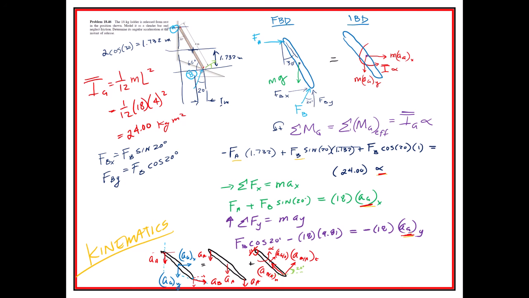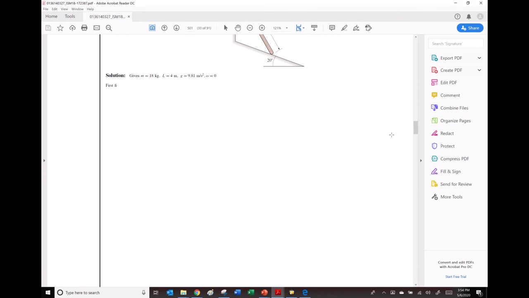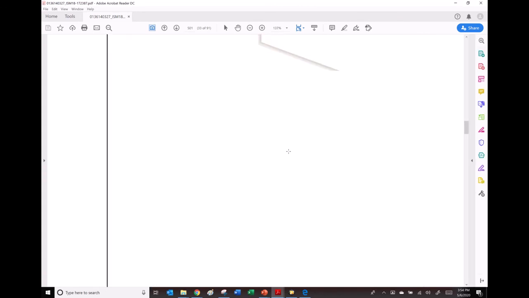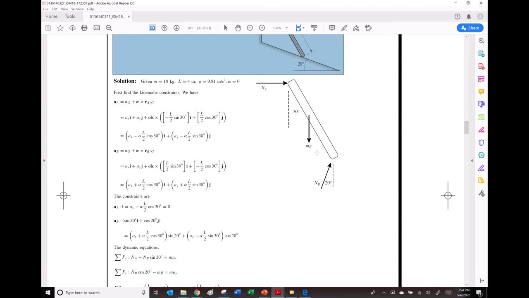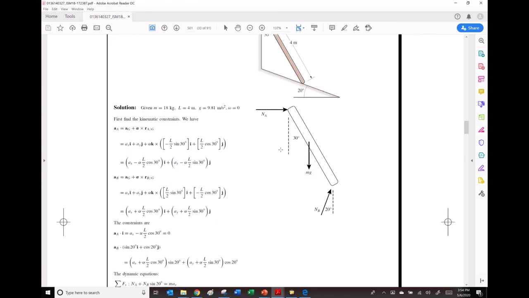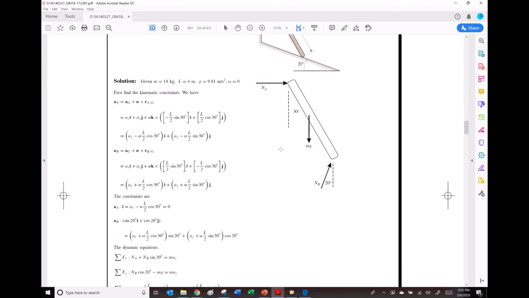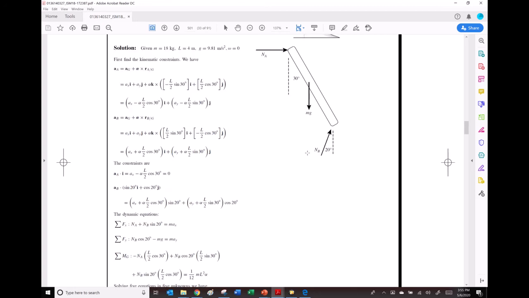This is too hard. This is too long to put on an exam, and even in the posted solution that they give, they use a different method than I am. He doesn't use the IBD type of thing, but I really think they should.